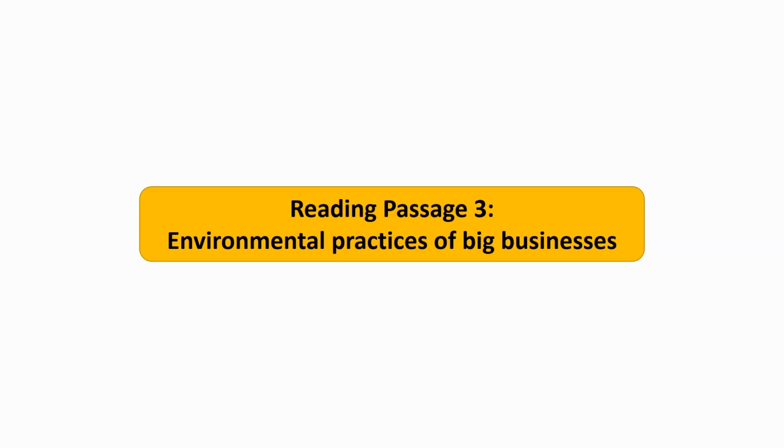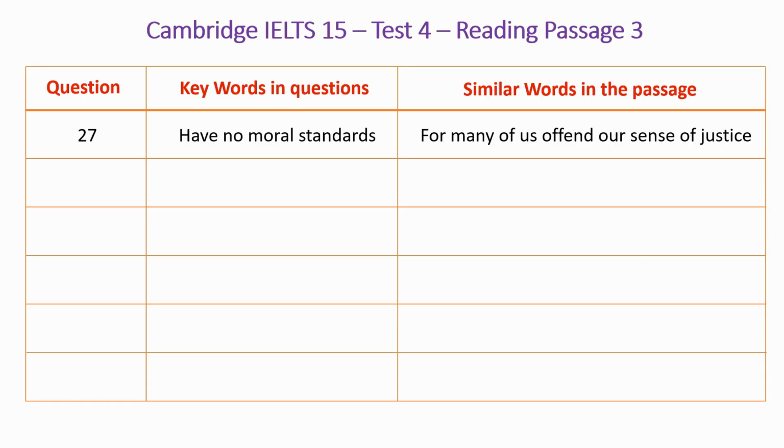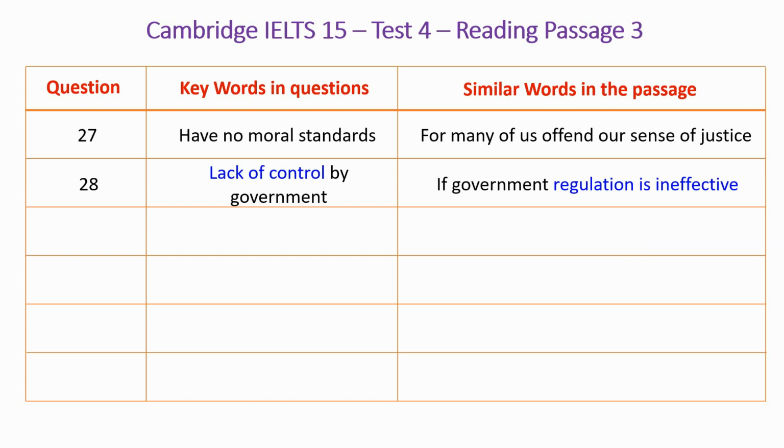Reading passage 3, environmental practices of big businesses. Have no moral standards. For many of us, offend our sense of justice. Lack of control by government, if government regulation is ineffective.